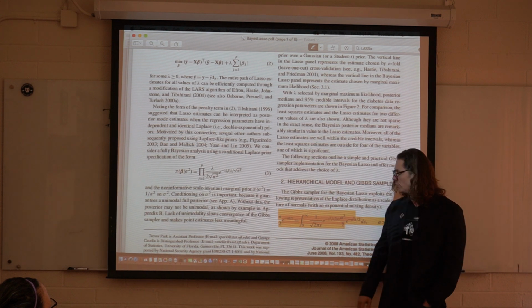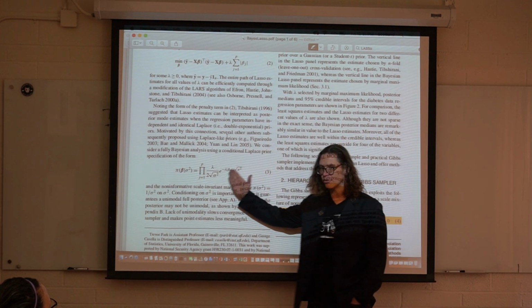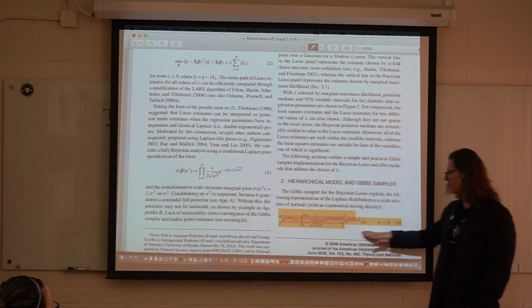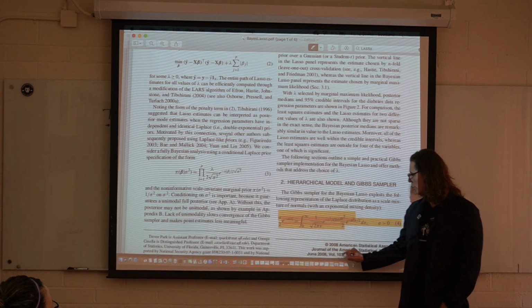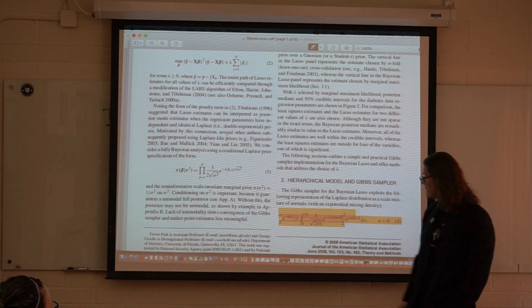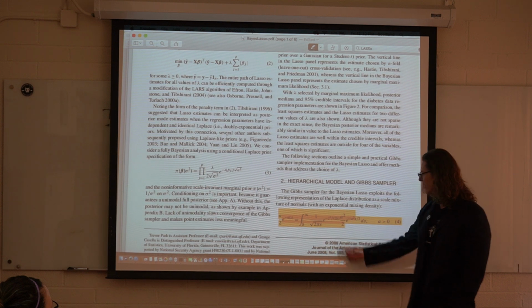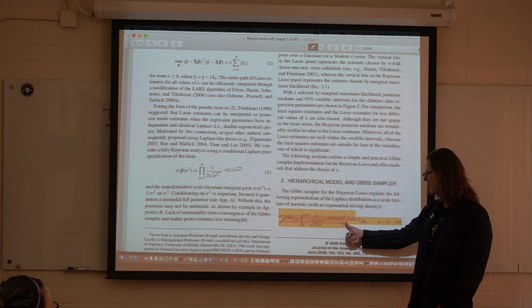Basically, what you're supposed to see is that the Laplace distribution, which we're using as our prior, can be written in terms of this integral. This is a normal distribution right here. It involves some random variable z, that's the random variable over here, and then I've got this scale parameter floating around. This is a normal centered at 0, and what we're going to mix it with is this distribution.